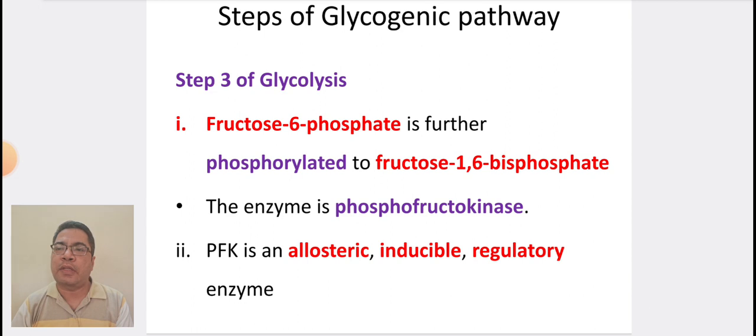Step 3 of glycolysis. Fructose 6-phosphate is further phosphorylated to fructose 1,6-bisphosphate. The enzyme is phosphofructokinase. Phosphofructokinase is an allosteric inducible regulatory enzyme.